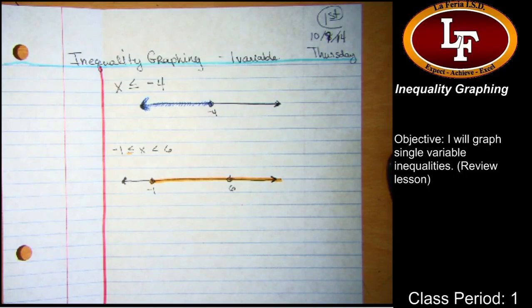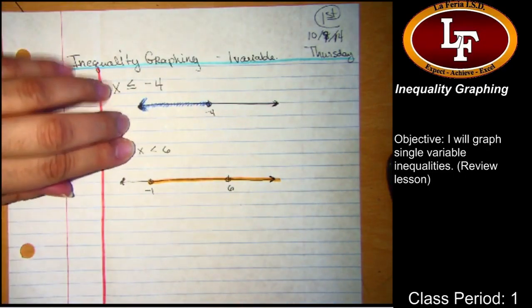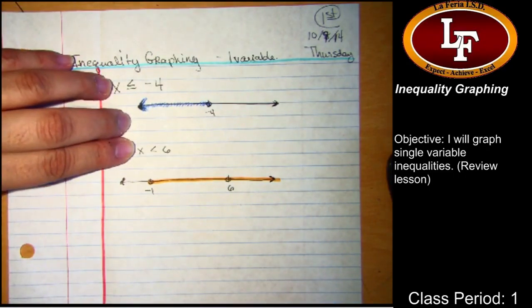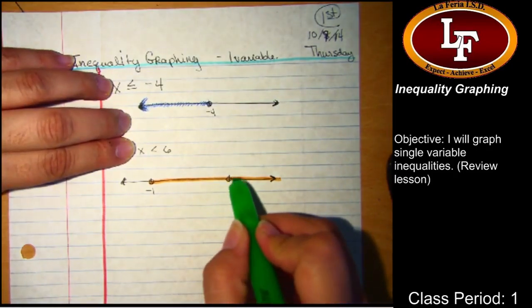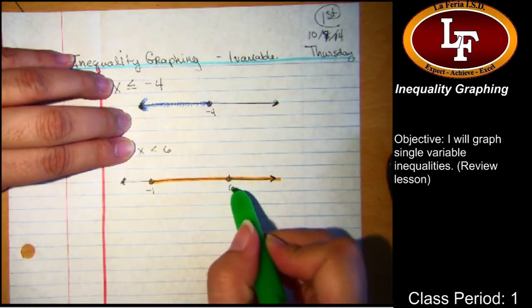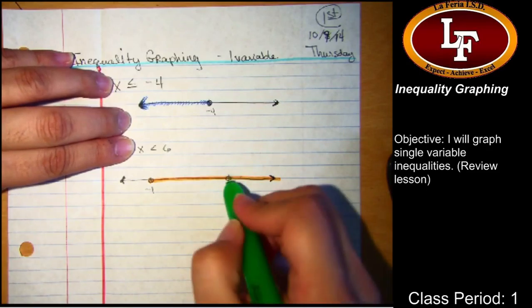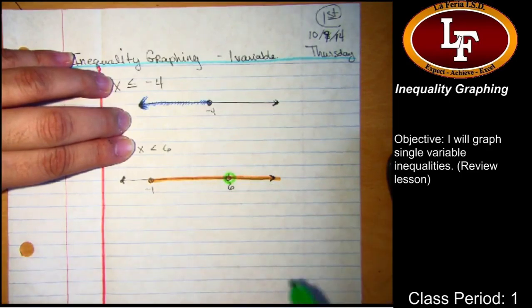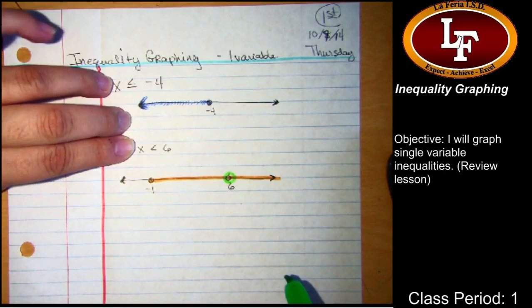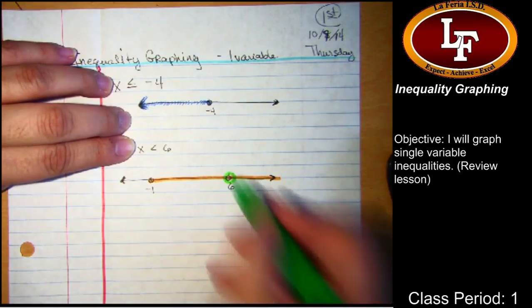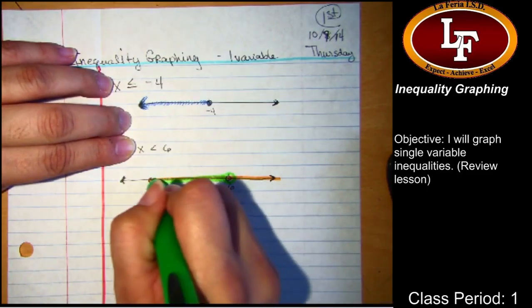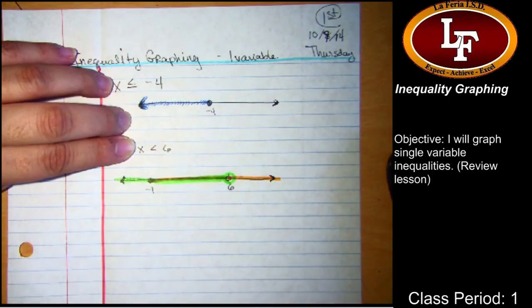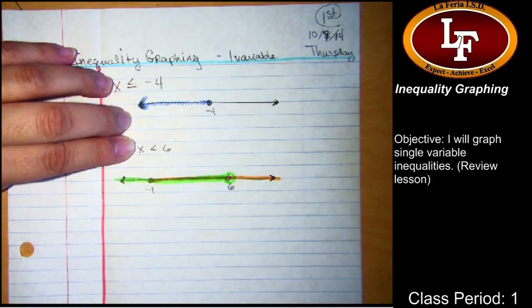All right. Now I'm going to look at this right-hand side. It said x is less than 6. So does that mean this 6 here is filled in or left open? It's left open. So I'm going to make it really obnoxious, big, showing that it's open. And then it wants everything that's less than that. And my job is to find out where both of these things happen at the same time.